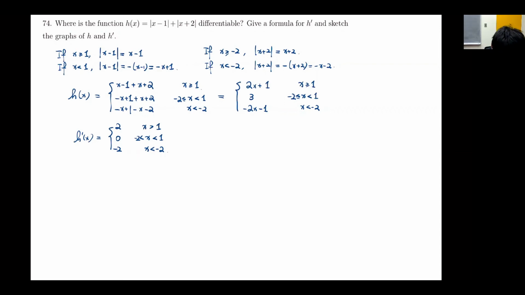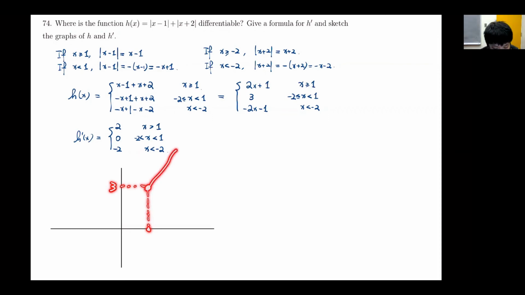The graph for this function is pretty easy to draw. Let's start with h of x, because this is basically 3 lines. First, when x is greater than 1, the function looks like 2x plus 1. 2x plus 1 will pass through the number 3 at the number 1, and moreover, it's going to be a line of slope 2.